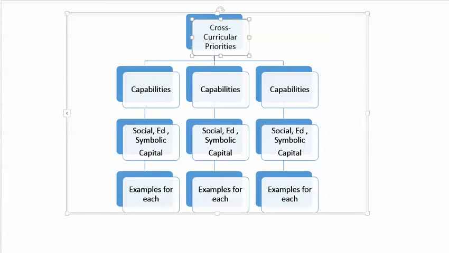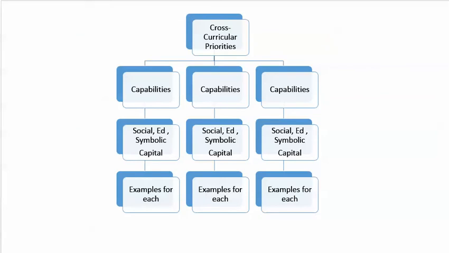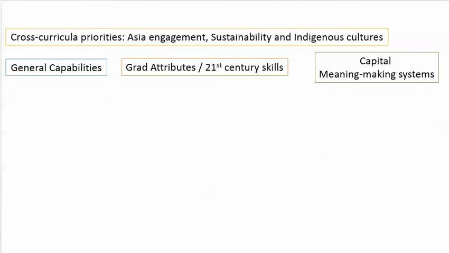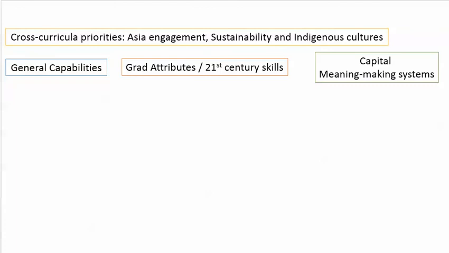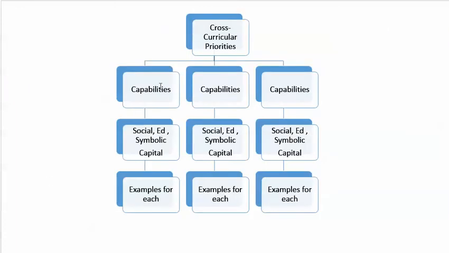So you know that there are cross-curricular priorities. I have mentioned them above, and I'll bring them once again here. They are engagement with Asia, sustainability, which is quite a broad concept, you can check it, and also knowledge of indigenous cultures. So these are cross-curricular priorities, but then we have capabilities.